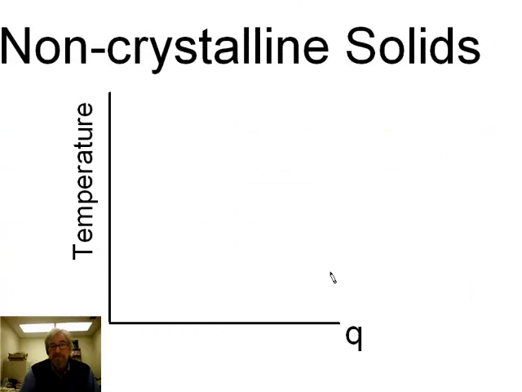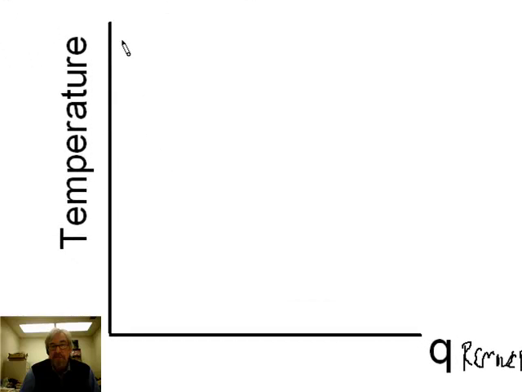Not all solids are crystalline, as it turns out. Crystalline solids, if you cool them down, so this is heat removed on this axis, you find that in the liquid state, they go down steadily according to their specific heat. And then they settle out.